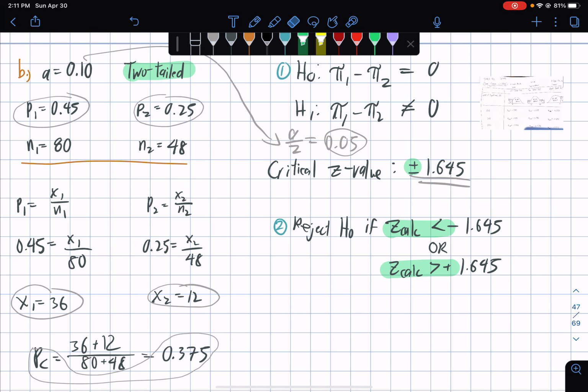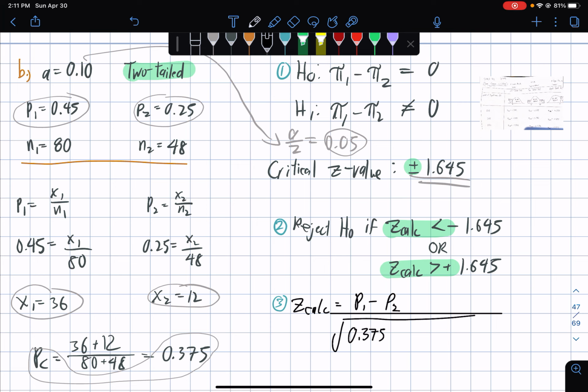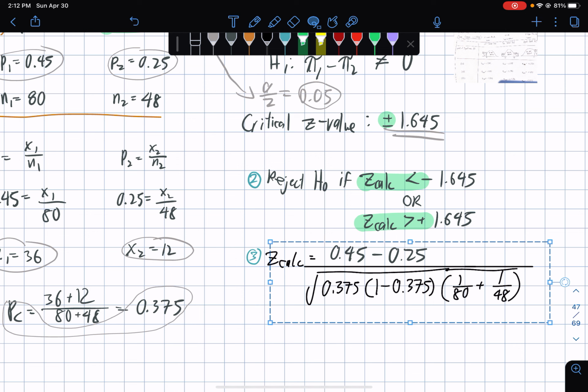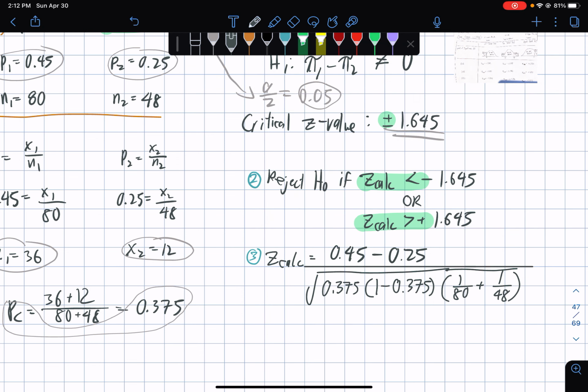So for step 3, the computation, again, z calc is equal to p1 minus p2 over the square root of, what's this, 0.375 times 0.375 times quantity 1 over n1 plus 1 over n2. For p1 and p2, they are 0.45 and 0.25 respectively. So I will just write them that way.